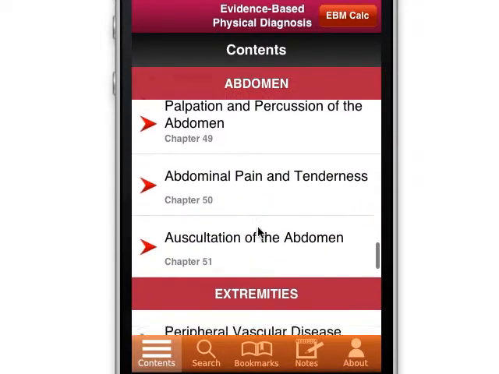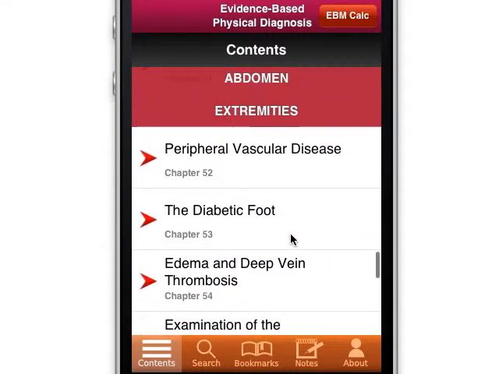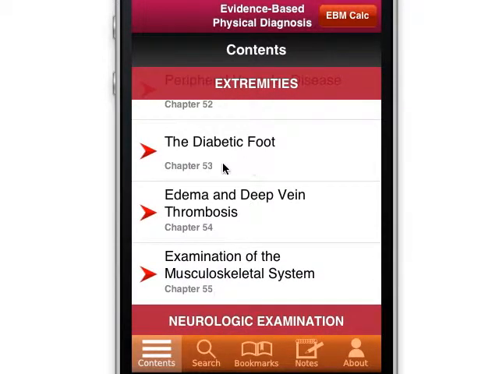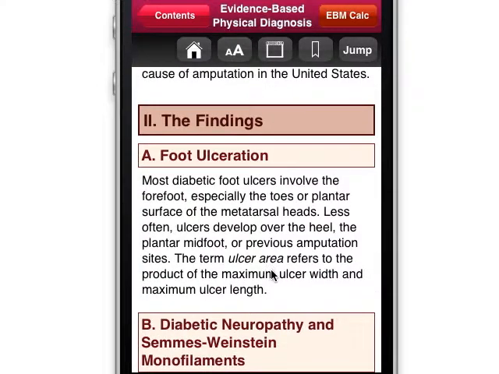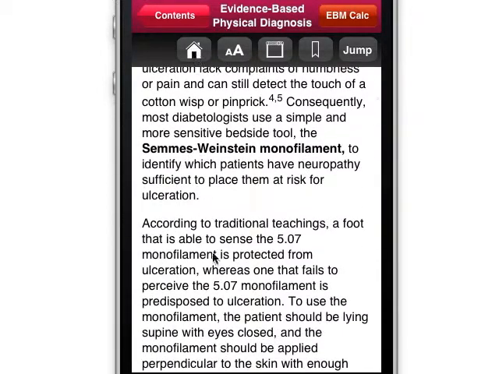So let's say we're looking at someone who, let's pick one, how about someone with a diabetic foot? We want to learn more about the diabetic foot, and we want to know something about how good the monofilament is for diabetic neuropathy.